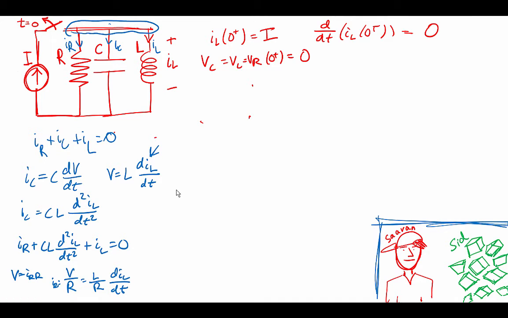Putting this all together, our differential equation is CL d squared IL/dt squared plus L over R dIL/dt plus IL equals 0.